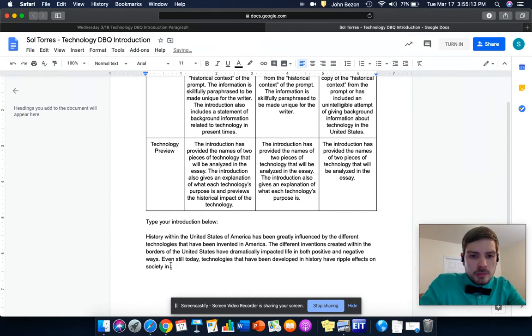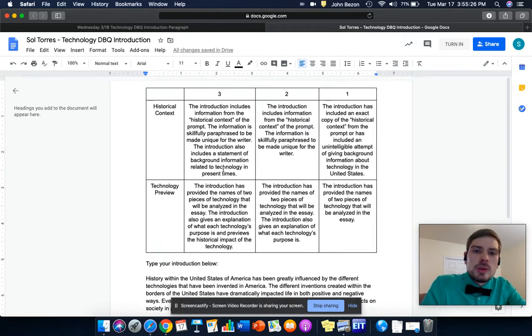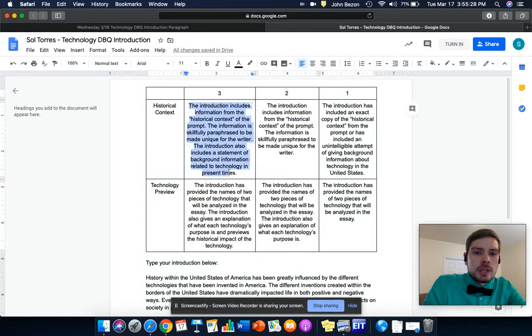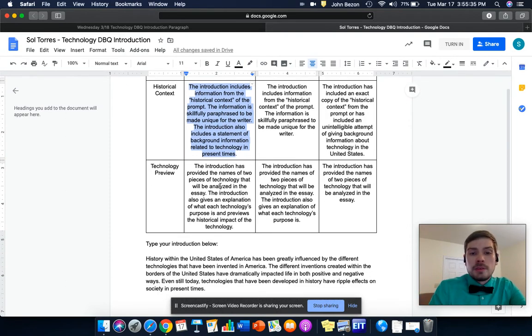I'm going to change this to in present times. Makes sense. So now I could say that I've gotten a 3 out of 3 here because I gave that background statement information related to technology in present times. What do I have to do next?